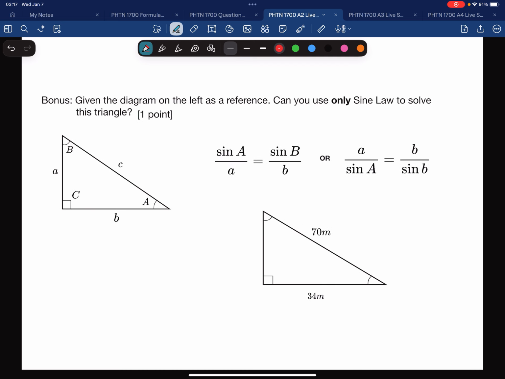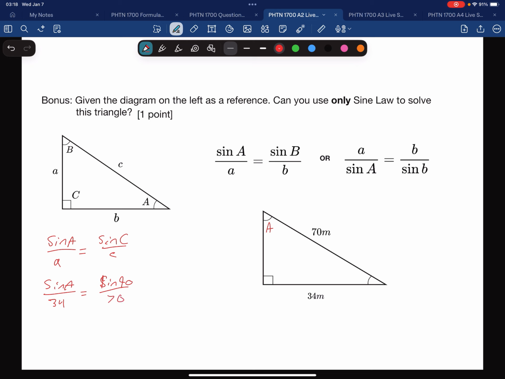So first, let's solve for this angle here, which I will call A. I will say that sine A over side A equals sine C over C. So I get sine A, of course, we're looking for that. A is 34. This is sine 90, and that's just going to be equal to 1 over 70.